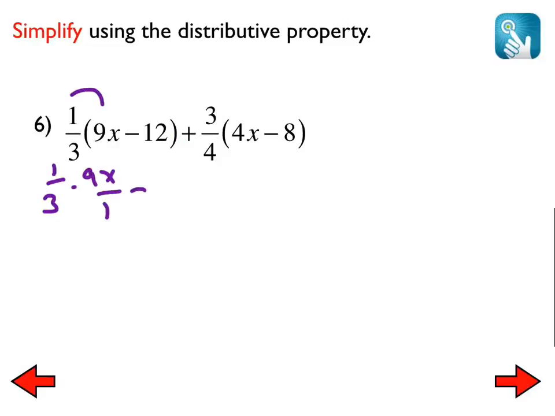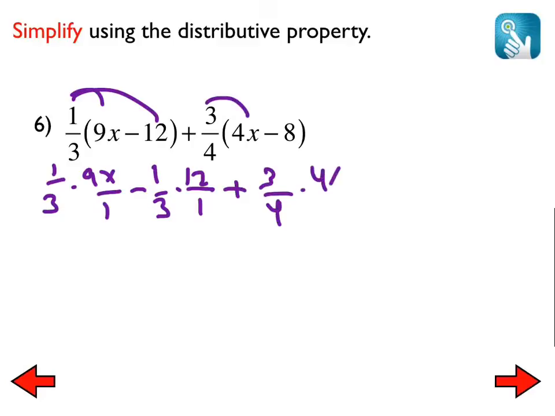Minus 1 over 3, for x over 1, minus 3 over 4 times... Good.